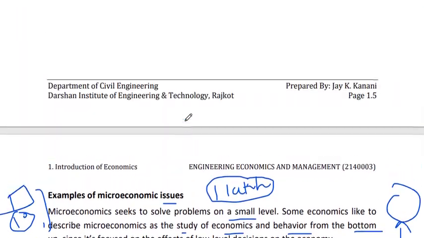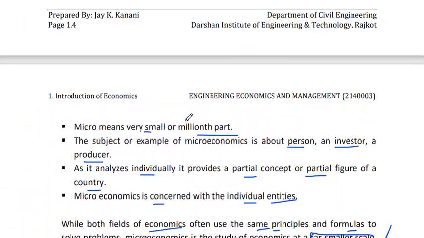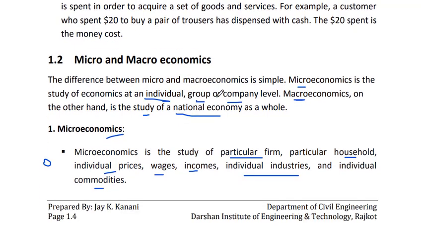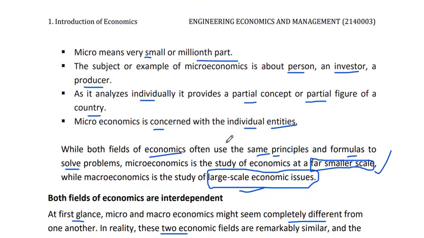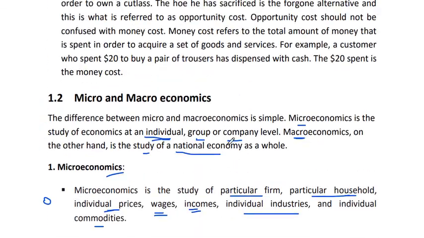So you now get a better idea about the types of economics, micro and macro. Basically, you only have to remember that micro means small: individual, group or company, particularly household, individual price, daily wages, income, individual industry. But macro means you have to study the national economy as a whole.